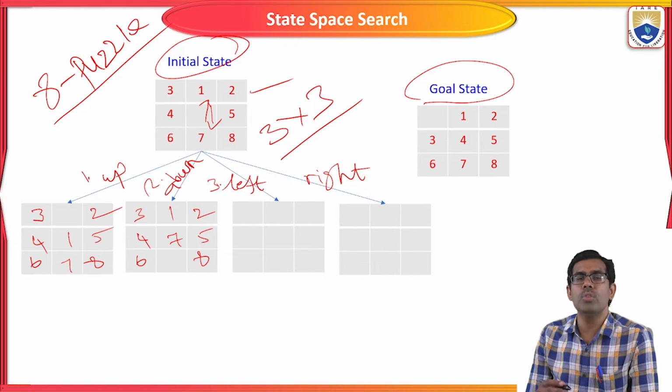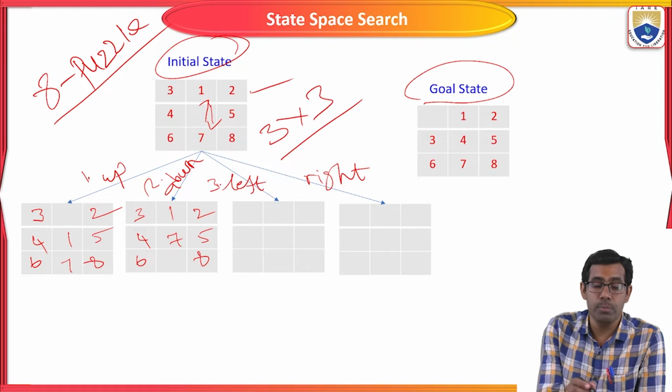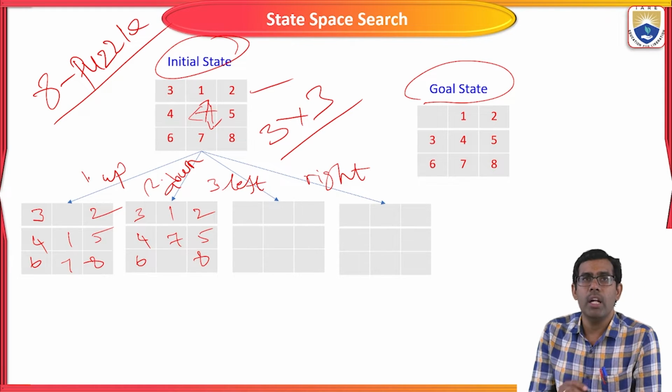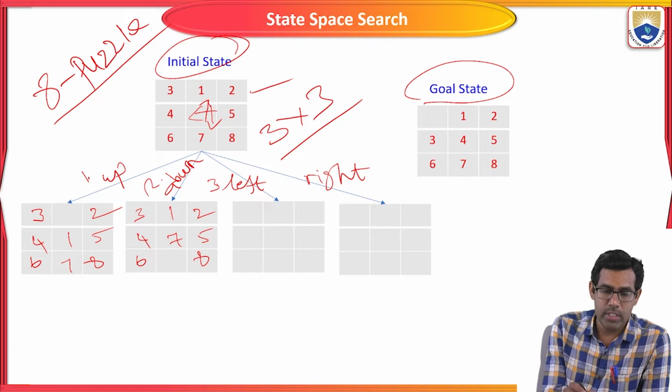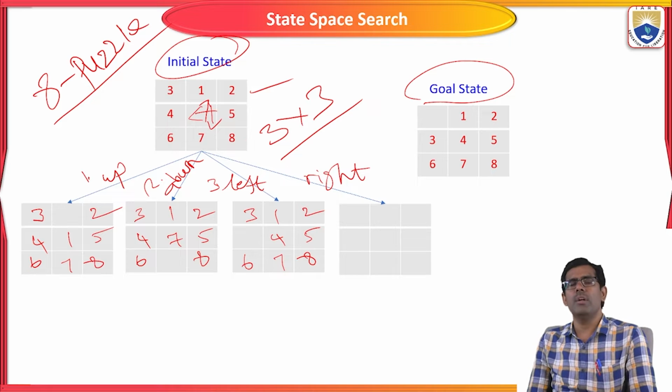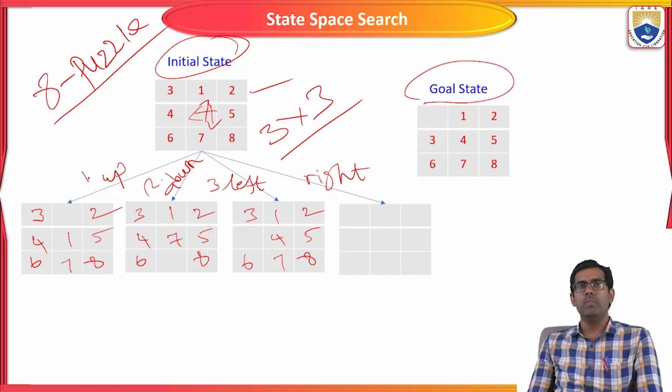We have to move this empty space to the left side. If so, we get 3, 1, 2, 4, 5, 6, 7, 8. So this is the third operation, the left move. The blank space has to be moved to the left.